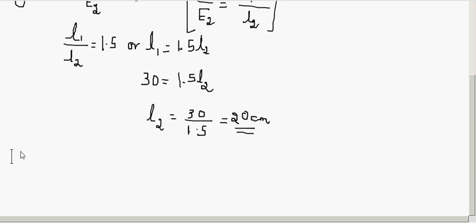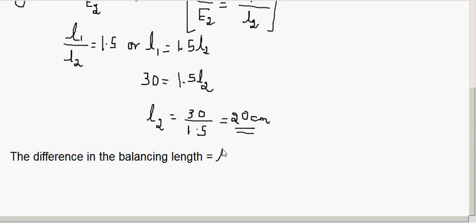The difference in the balancing length is equal to L1 minus L2, which is equal to 30 minus 20 equal to 10 centimeter.